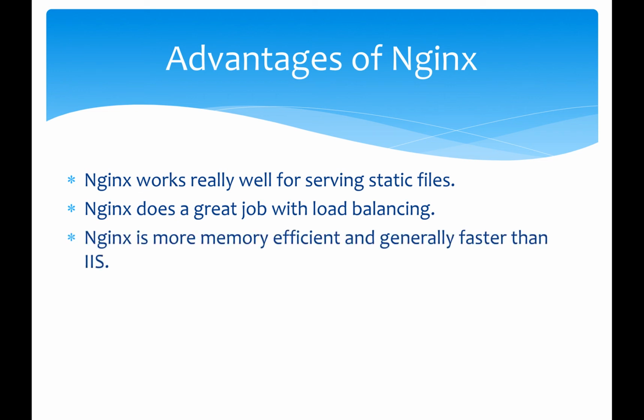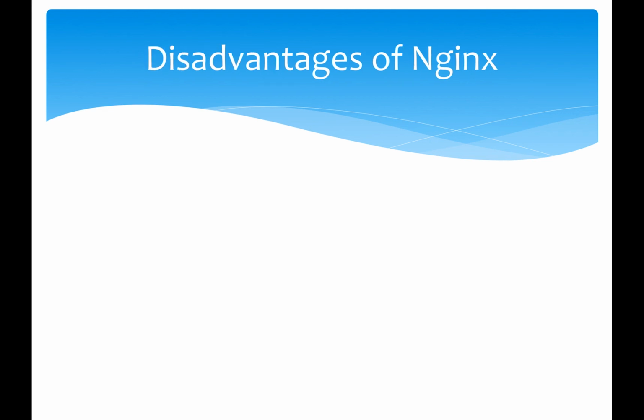Nginx is more memory efficient and generally faster than IIS. It has a small footprint, which can be very useful, especially if you are running on a VPS. There are difficulties in module creation.